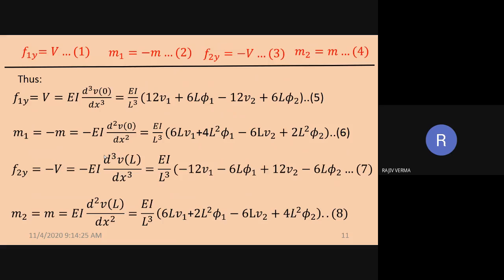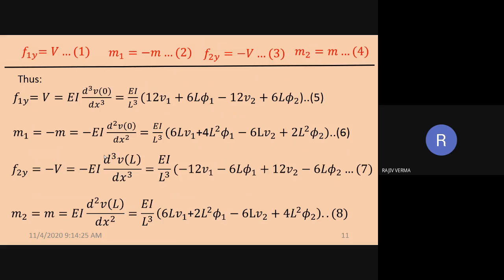Now, these 4 equations obviously relate the expressions of moments and vertical forces and the shear forces for traditional beam theory and the beam theory of FEM.